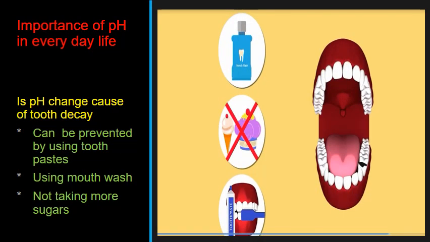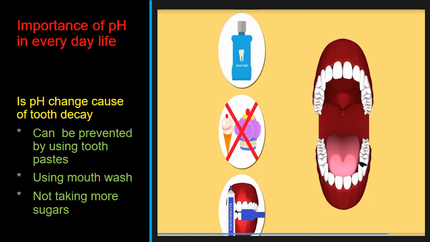Then how can you prevent it, or how can you change the pH in tooth decay? First of all, you should not take too many ice creams and chocolates. You can take a little bit, but not more. Use mouthwash, avoid more sugars, or use toothpaste.